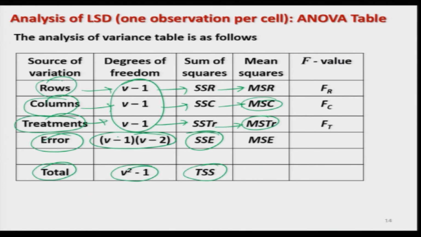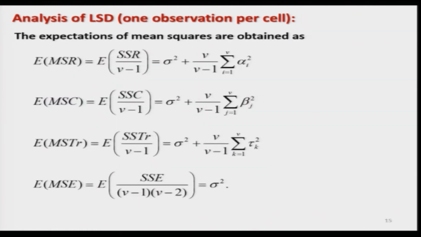Now using these MSR, MSC, MSTR and MSE, you can obtain the 3 statistics of F, that is FR, FC and FT, and based on that you can take a conclusion.